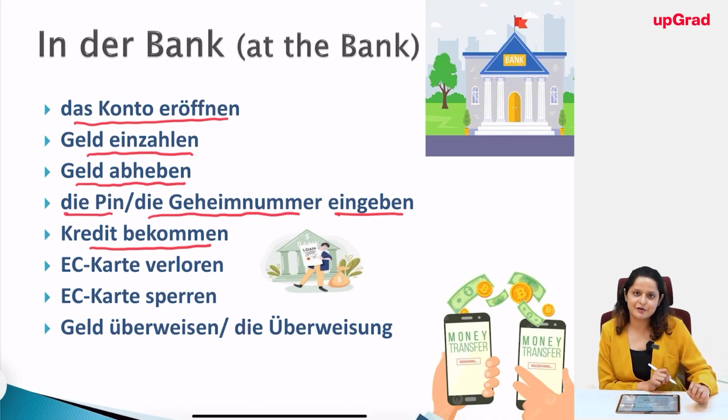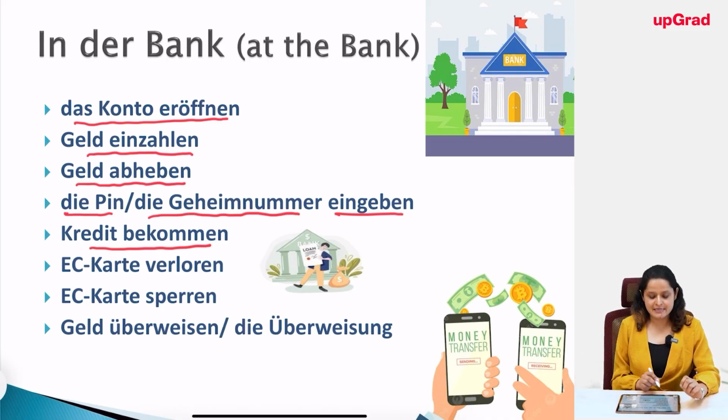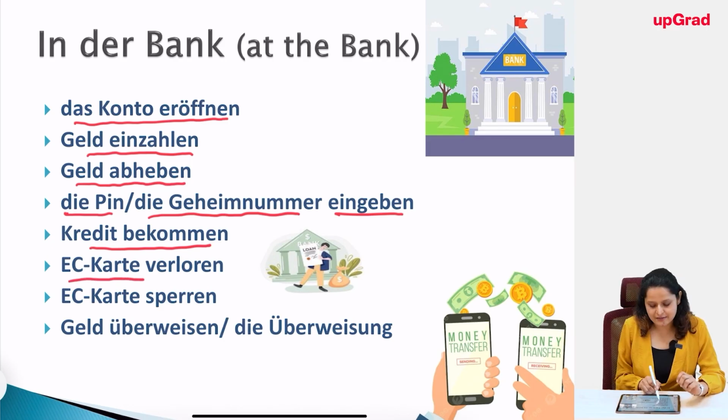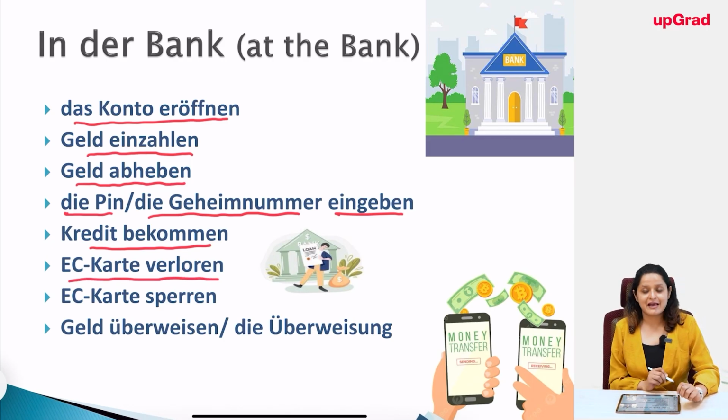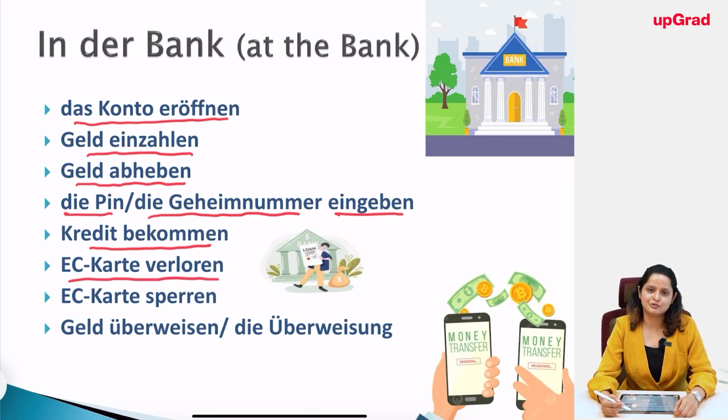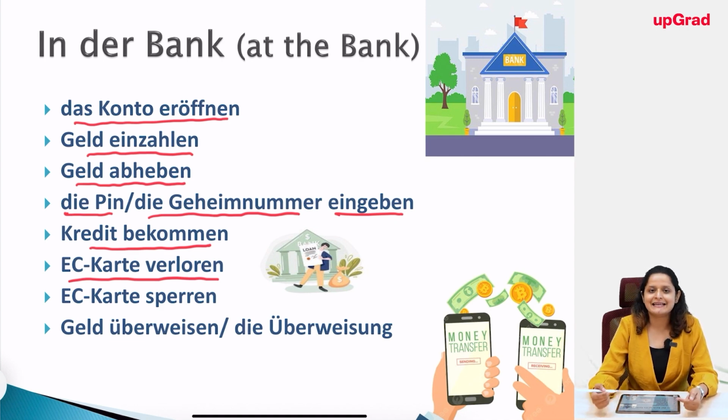Now, the next couple of things are a little important. Karte verloren. Verloren means to lose. So, unfortunately, if you happen to lose your bank card, that is your ATM card or your credit card, please use the word verloren. Karte verloren means to have lost your card. And in action, what will the bank do?